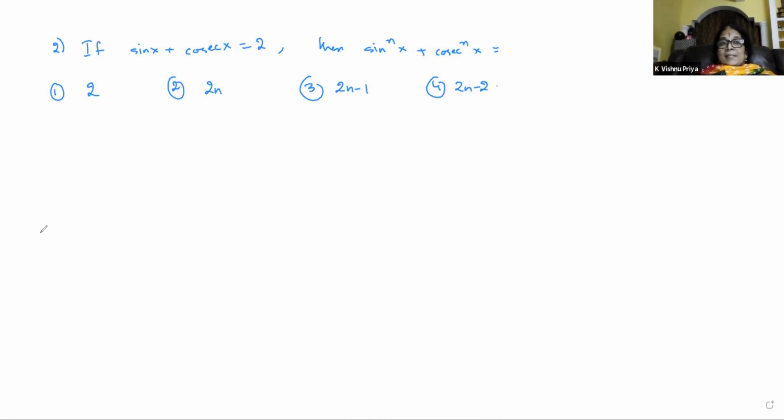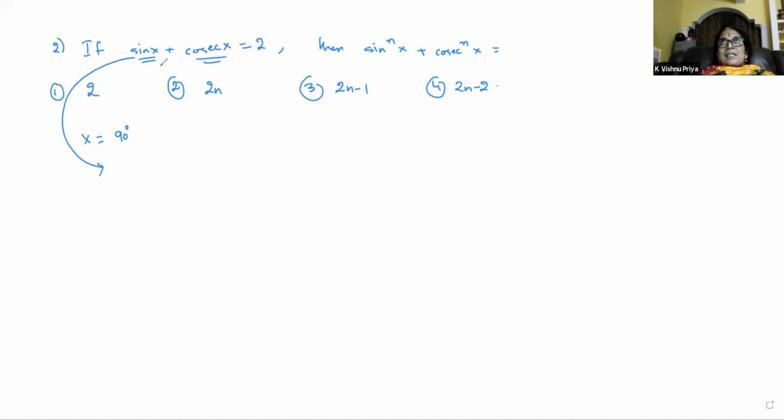For this also, as I told you, you can put x as any convenient angle. Now x, you can take 90 degrees. Why am I taking 90 degrees? Because we have sine and cosecant. Let us take the given information, put x as 90 degrees.